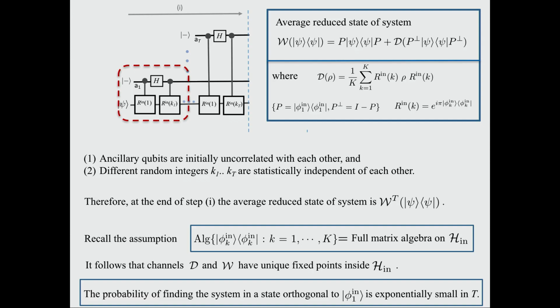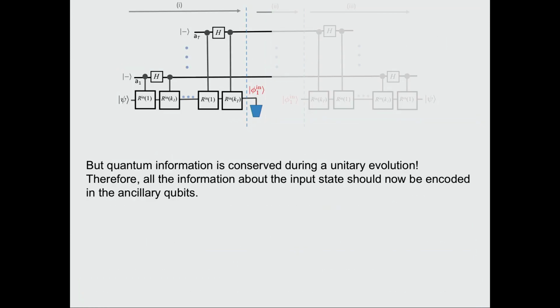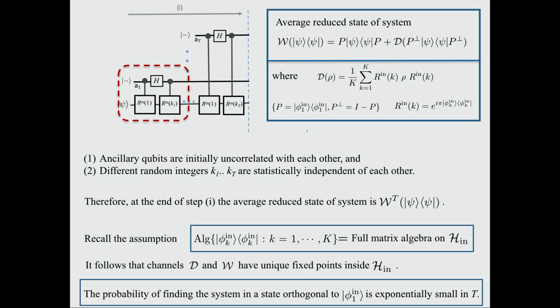Good. And this intuition also explains that as you repeat this process T times, the probability that you are not in a state phi 1 in is exponentially small in t, because just the form of the channel shows this. Okay, so at the end of this process, if t is sufficiently large, I can assume that with high probability I should be in a state phi 1 in, right?